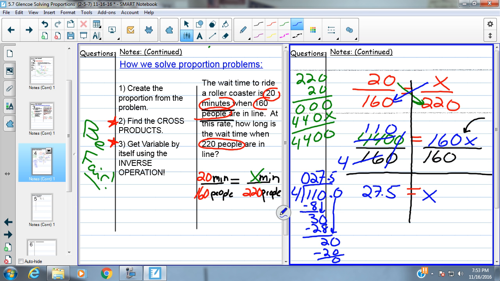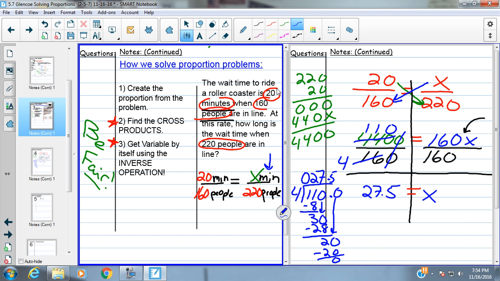What unit should be on that 27.5? If I had done this problem with the units, dimensional analysis totally would have helped us know that. But we could also look at the original setup. The variable is next to the unit of minutes, so we know that 27.5 stands for the number of minutes if 220 people were in line.